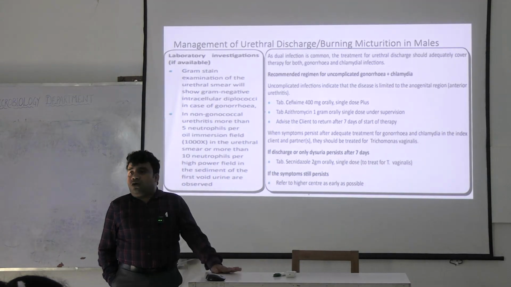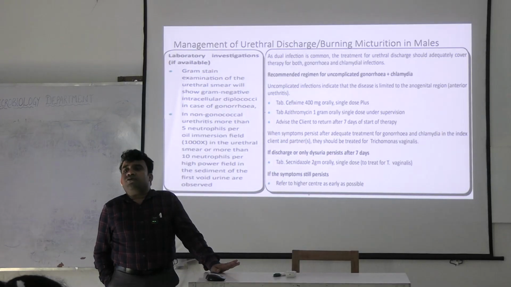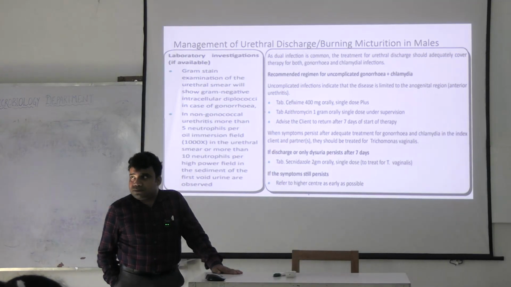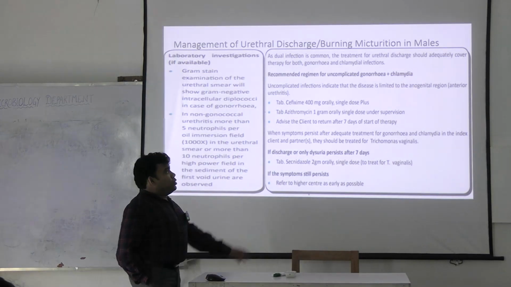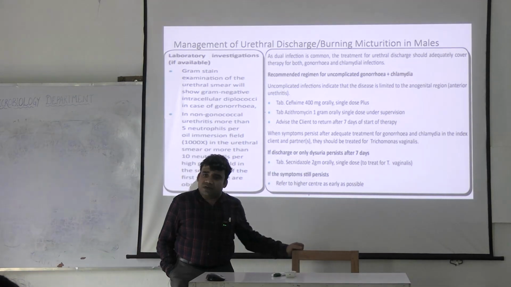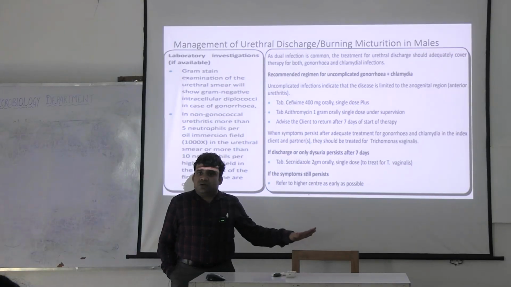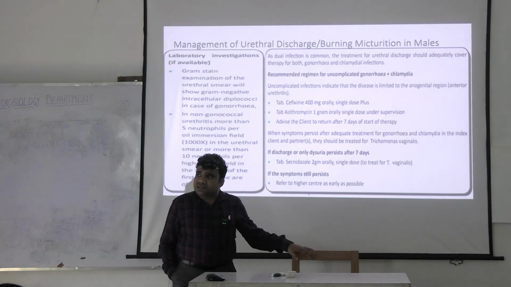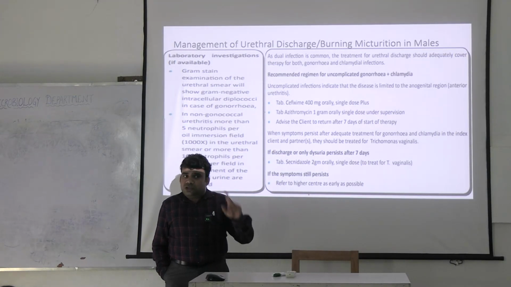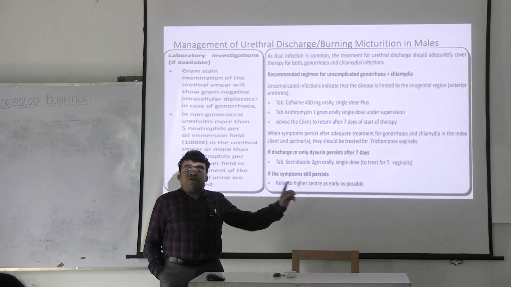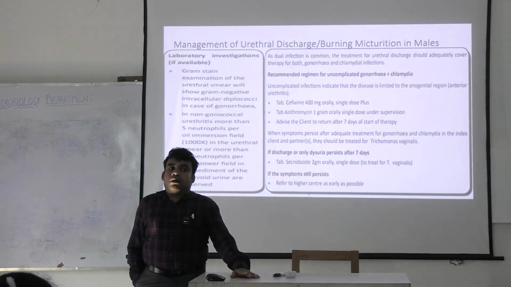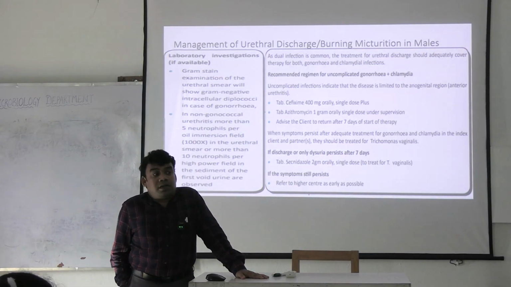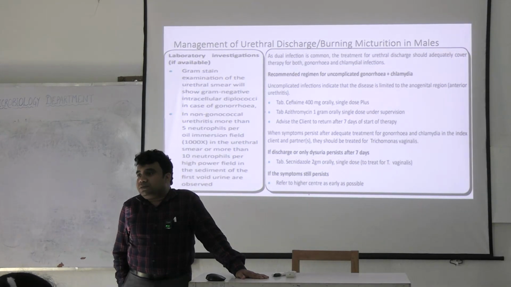For non-gonococcal urethritis, we recommend treatment with azithromycin. So these are the two drugs that have to be given, and then we have to ask the patient to return after 7 days, because if it still persists, it could possibly be because of trichomonas vaginalis, where maybe his partner is affected with trichomonas vaginalis.